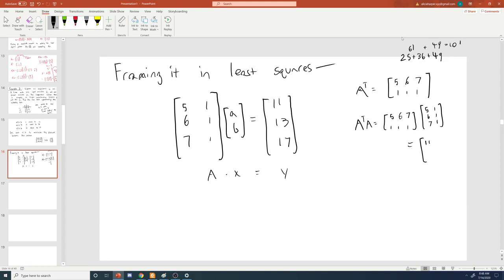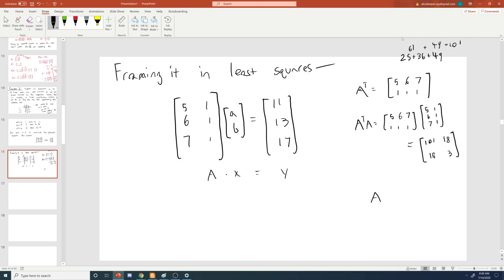So we're going to get 110 here. And then we're going to get 5 plus 6 plus 7. So in that case, that's 18 here. We're going to get 18 here as well. And then we're going to get 3 here. So this is the computation of A transpose times A.